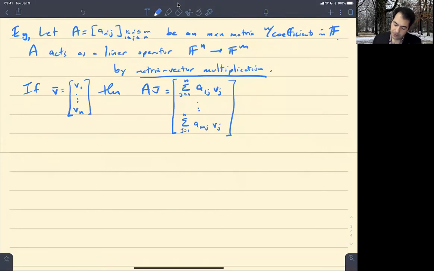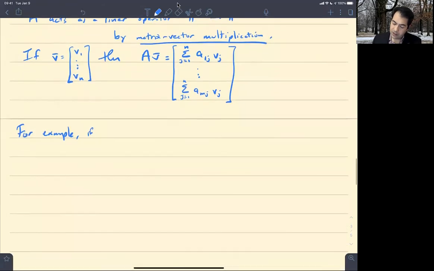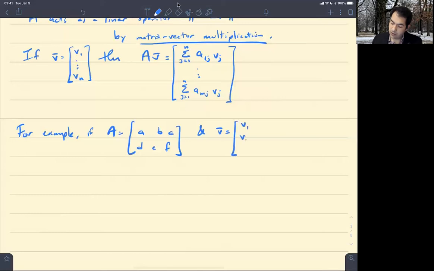All right, so for example, let's say that the matrix A is a rectangle, a, b, c, d, e, f. And okay, so this is a 2 by 3 matrix. So in particular, I have 3 columns. So I need my vector to have 3 entries. So let's say v1, v2, v3.